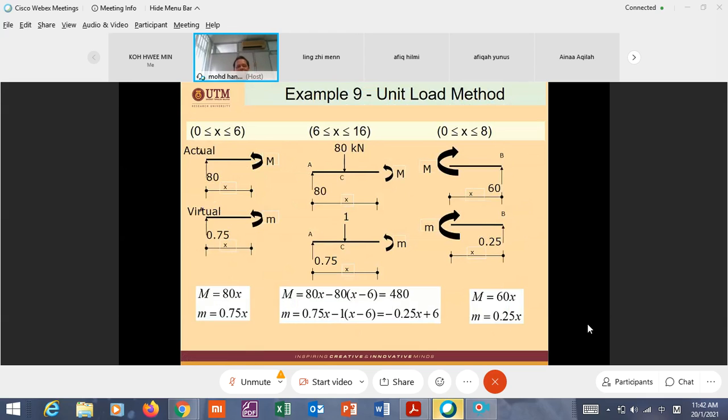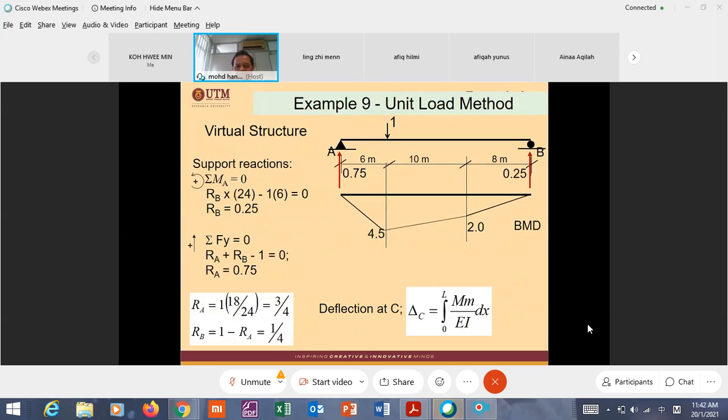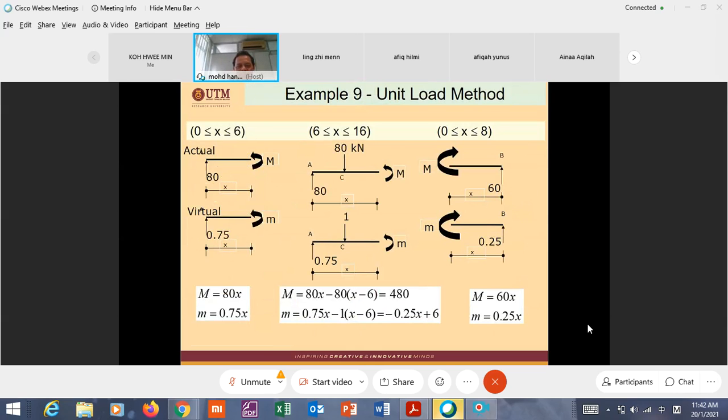Segment 1 is between 0 and 6. Segment 2 is between 6 and 16. And segment 3 is between 16 and 24. For the first two segments, we start the derivation of the equation of moment from the left.